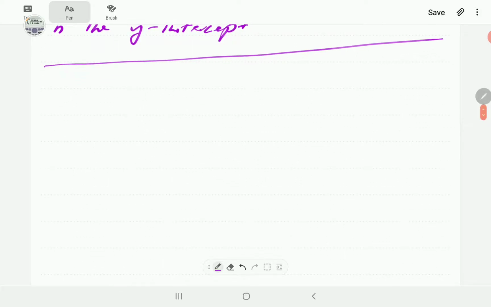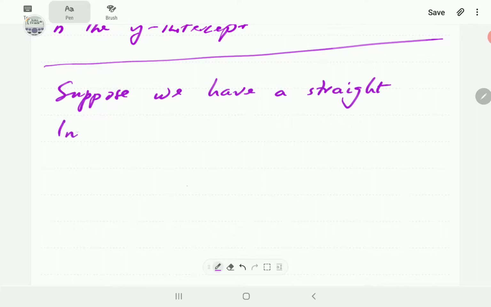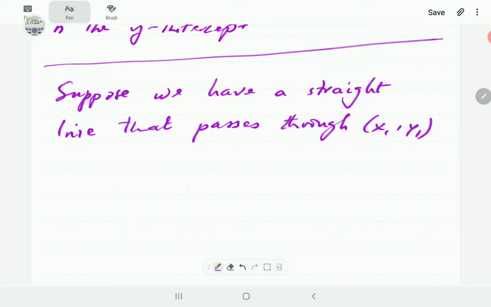So this time, suppose we have a straight line that passes through a known point, and let's call that point (x1, y1), with gradient m again, like in the previous case.